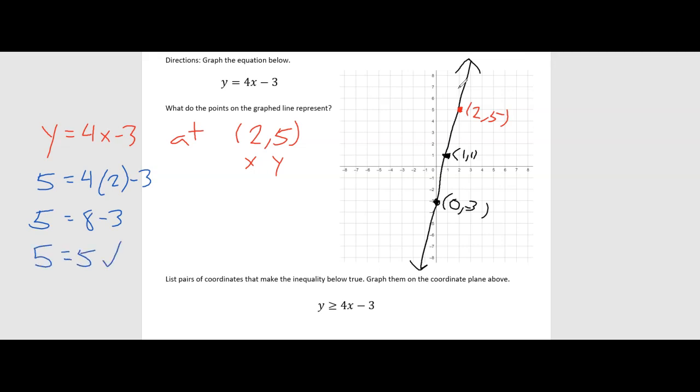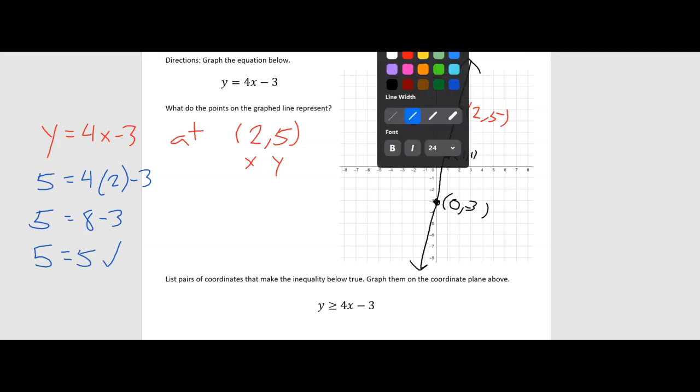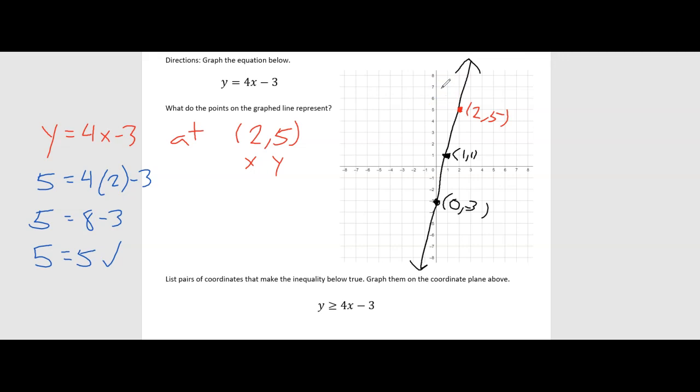That point makes the equation true. And if you did that with any point on the line, let's just take another one. Let's go at 1, 1. Well, I'd get 1 is equal to 4 times 1 minus 3, which is 1 is equal to 4 minus 3, and 1 is equal to 1.